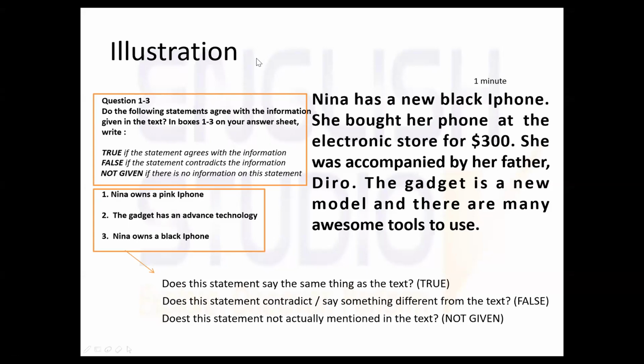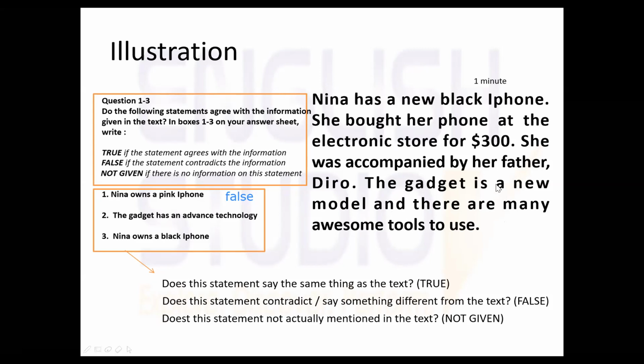Number 2, the gadget has an advanced technology. So let's read the text. She bought her phone at the electronics store for $300. She was accompanied by her father. Below, the gadget is a new model and there are many awesome tools to use. Here we have the keyword.